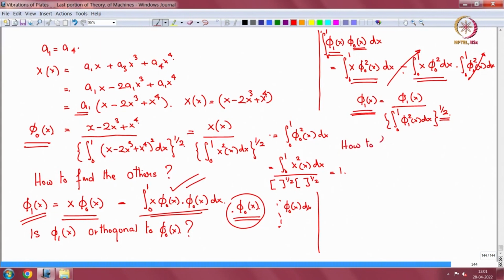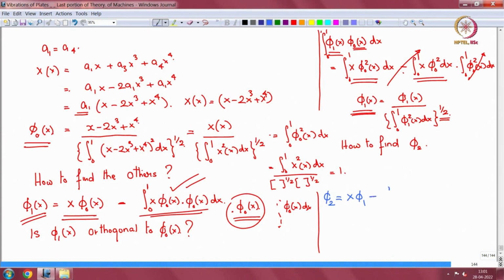How to find phi 2? Okay. We find phi 2 by saying, phi 2 is now x times phi 1. But I have to take out from here the component of phi 1 in it and phi 0 in it separately.